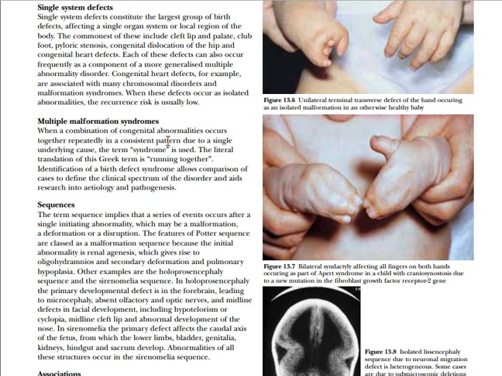A syndrome means that you have multiple congenital abnormalities with a single underlying cause. The term syndrome just means running together. So that one is going to be called a multiple malformation syndrome. It can be seen in different syndromes, like in these cases, a child with Apert syndrome with bilateral syndactyly.